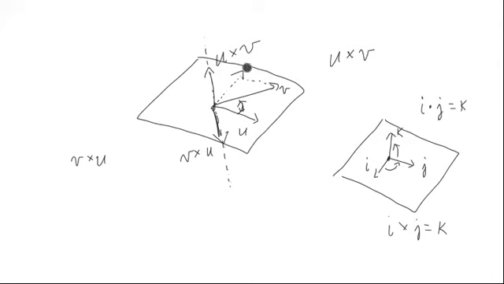So u cross v is going to be orthogonal to both of the original vectors. Now, the length of u cross v is also this distance in the parallelogram that I get after I've expanded both of these by the length of u.